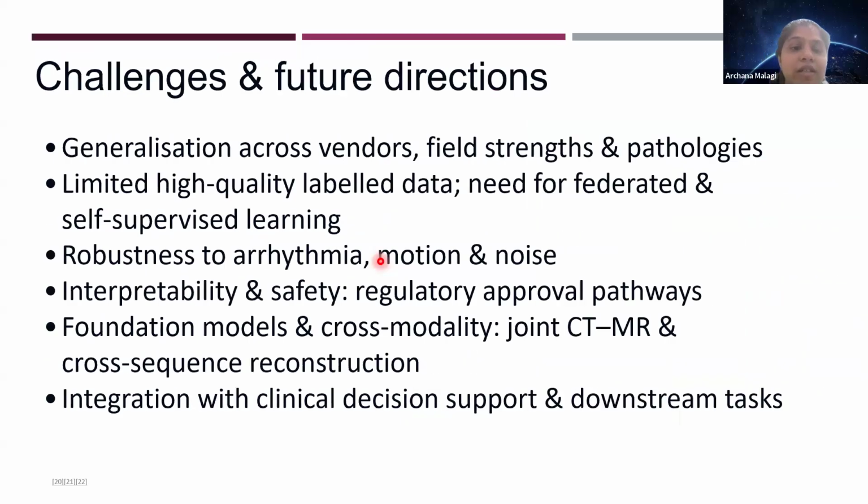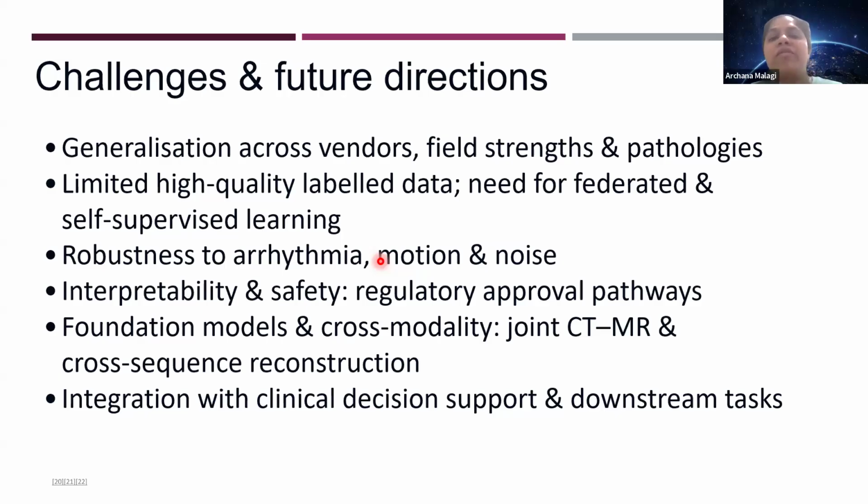Now come the challenges. During the training, you have different data sets from different vendors. For example, people use Siemens, Philips, GE MRI machines, and you need to have a variety of images from those different machines. And we have different field strengths, in the sense of magnetic power.